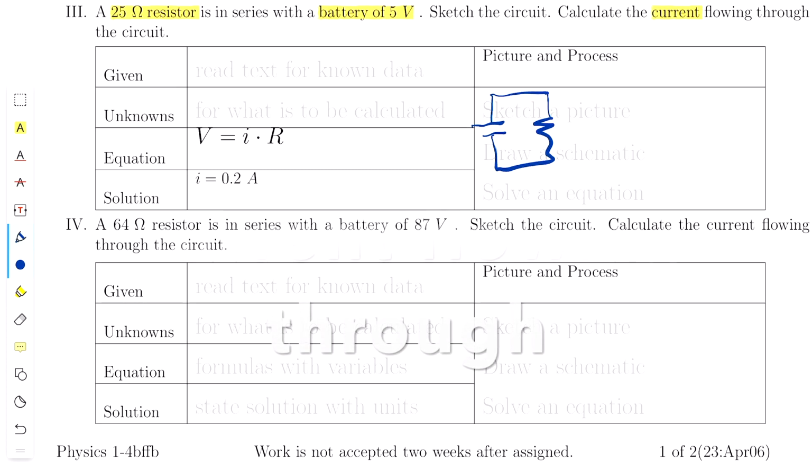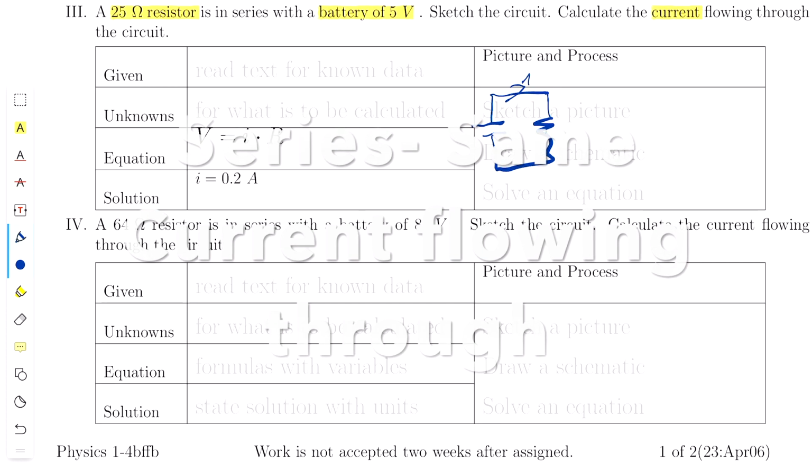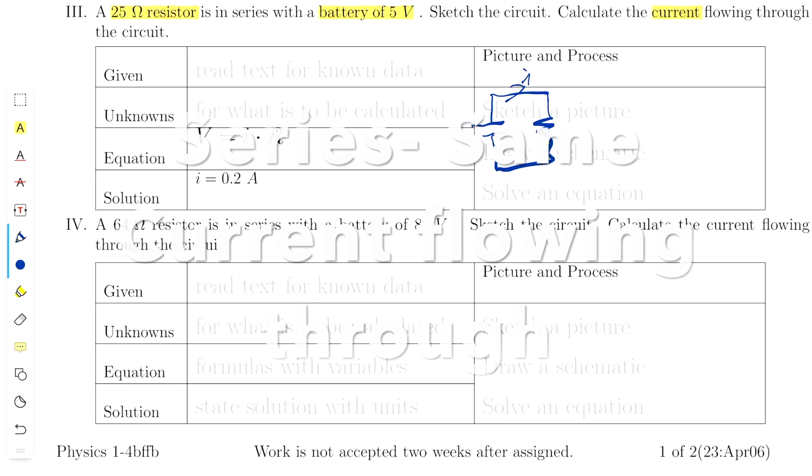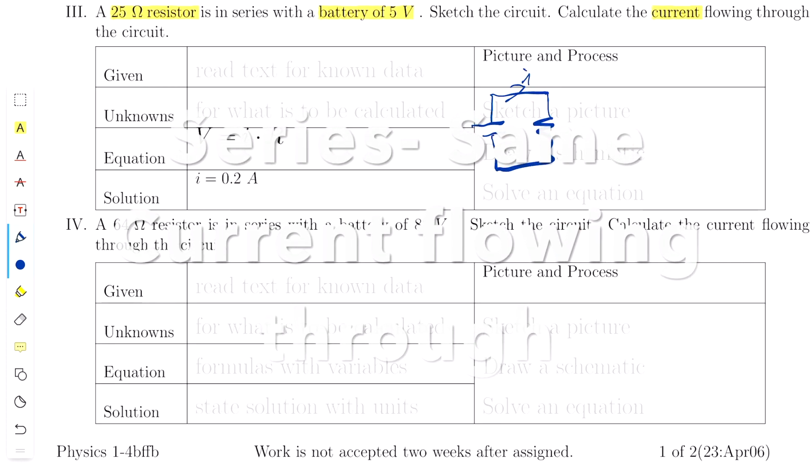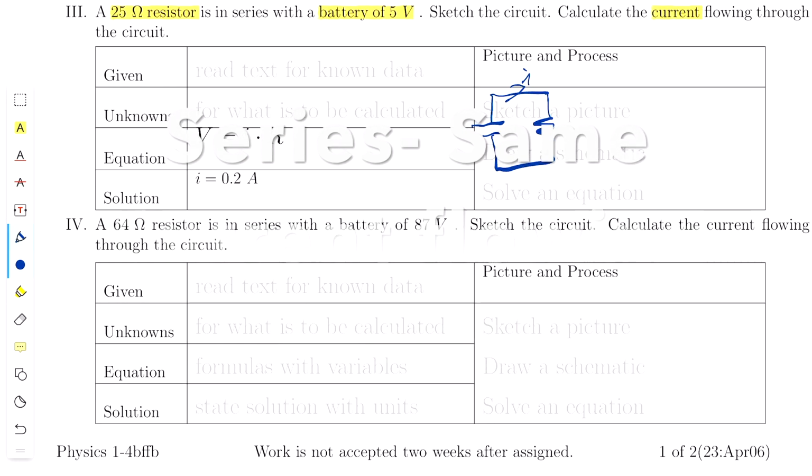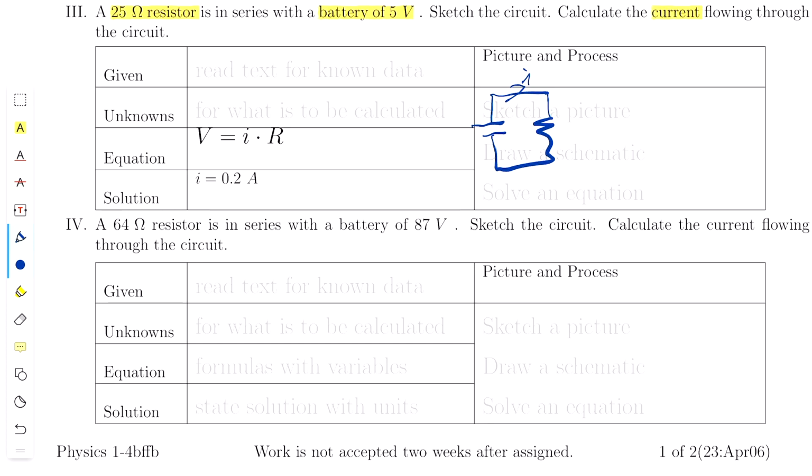Series means that the same current is flowing through all components. And we know this because they're connected by the same wire. It is not enough for the current to merely have an equal value. It must be the same current.